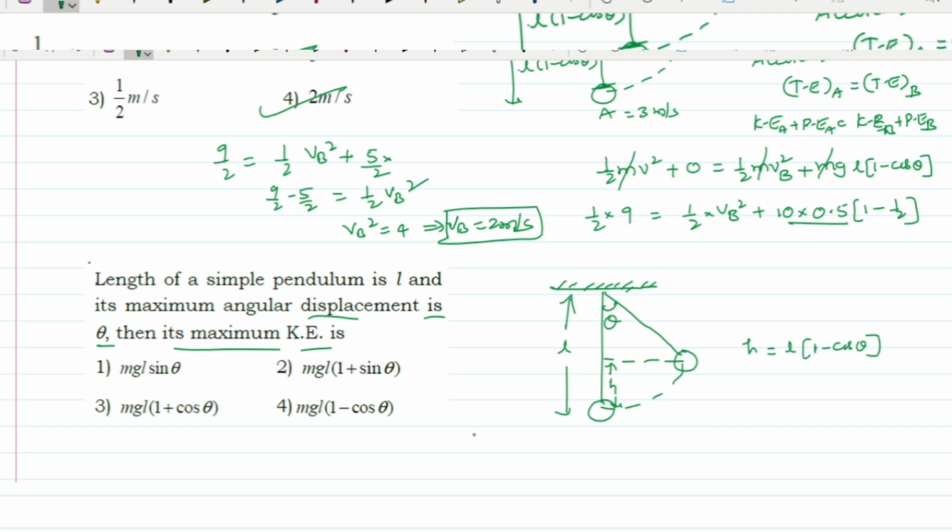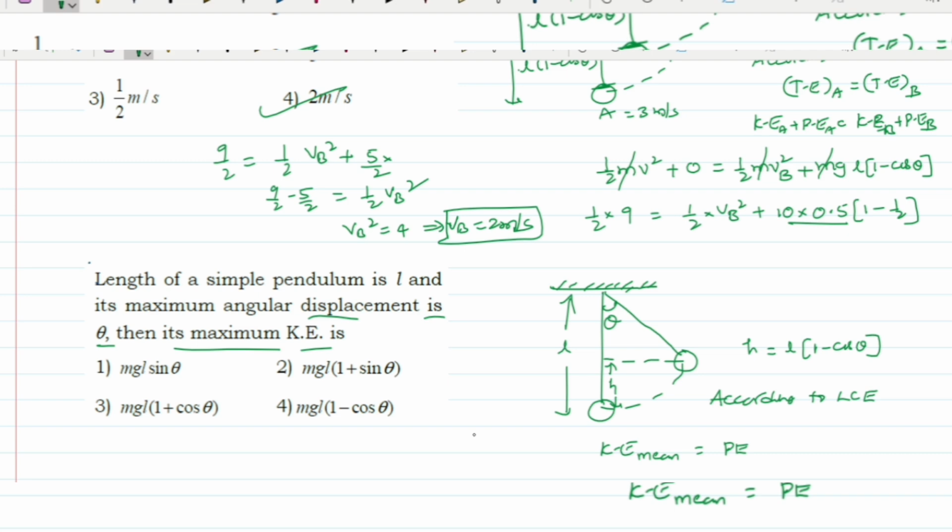So its maximum kinetic energy, according to the conservation of energy principle, is at the mean position. Kinetic energy at the mean position will be equal to the potential energy at the displaced position, or at a certain height.